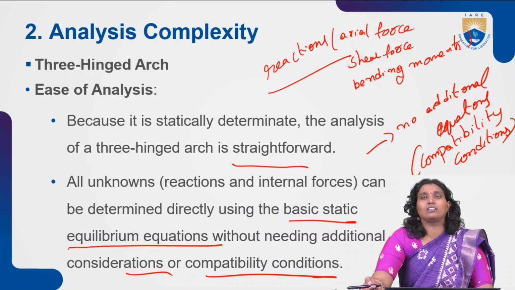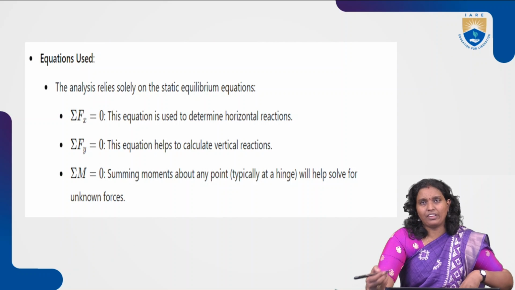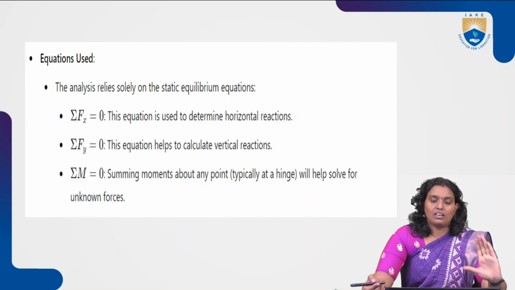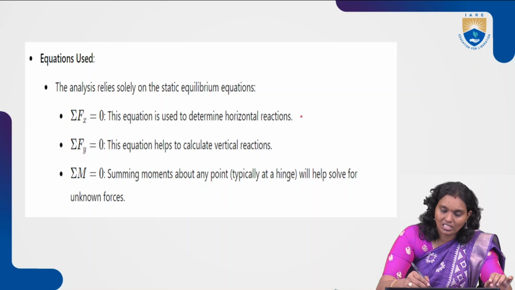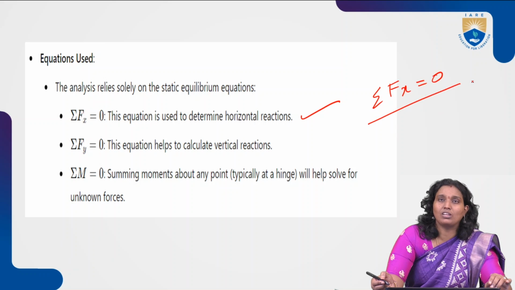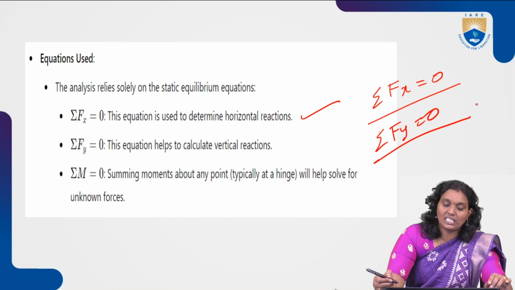This is one of the eases of analysis. In these equations we already know, these equations are enough. They are used to determine the horizontal reactions. For finding the horizontal reactions, we use the sum of the horizontal forces equal to 0 and the sum of the vertical forces equal to 0. We also sum all the moments.